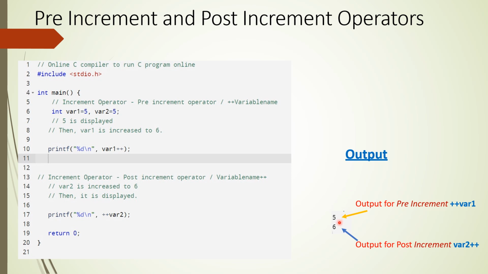The example is given here, with the variable names given as variable 1 and variable 2 just for understanding, and with the same value. Hence here it becomes post increment, which is 5, and pre-increment here is 6. You can see it and you can try it in the compiler also.